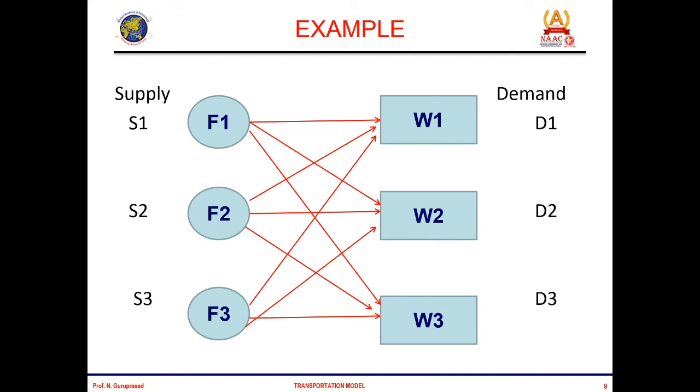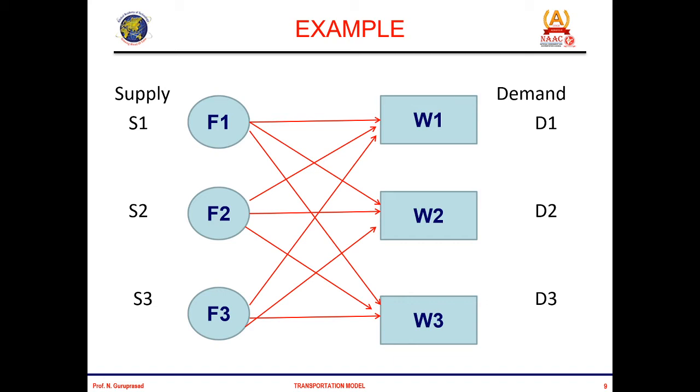Now, let us look at what this supply and demand is all about. On the left hand side, you have supply, called S1, S2, S3, and on the right hand side, you have demand, called D1, D2, D3. Now let us understand the significance of this supply and demand. Factory F1 can supply S1 products.